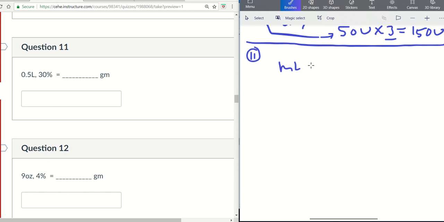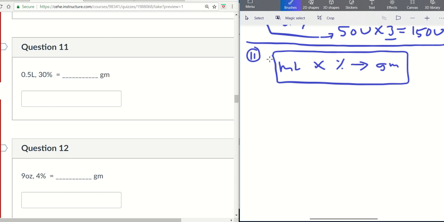Number 11. So make sure you're in mLs. If you have a percent symbol, use it. If not, change your percent into a decimal. So for 11, how many mLs do we have for 11? 1,000 times 30%.